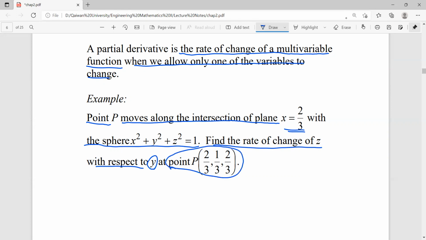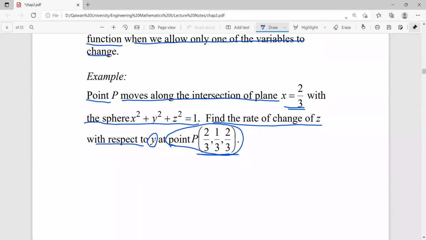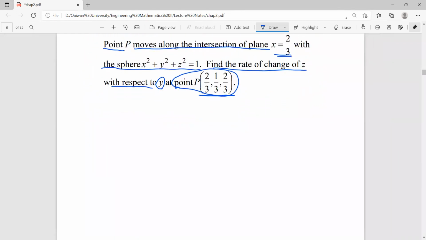That means we are going to take the partial derivative of f of x, y with respect to y and then plug in these points. Okay? So let's first draw the graph. It's easier to understand the example.